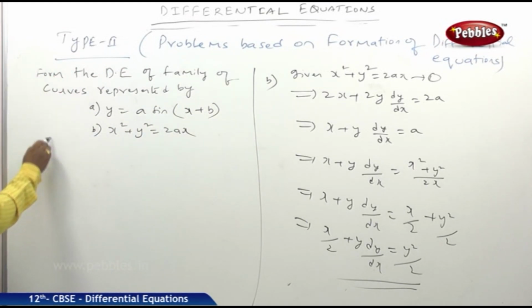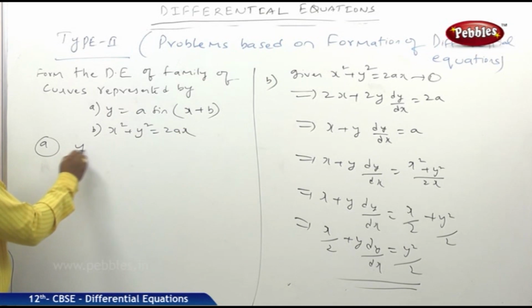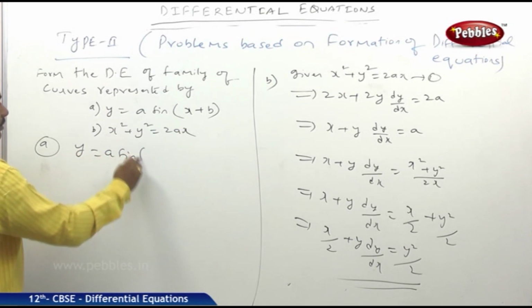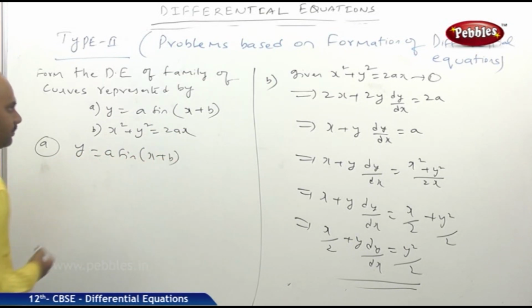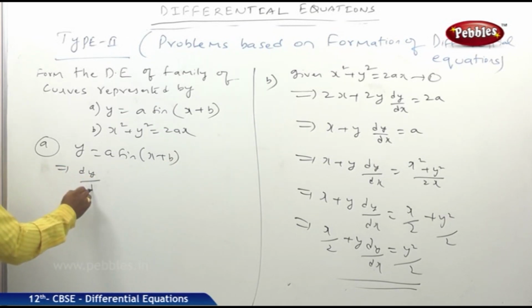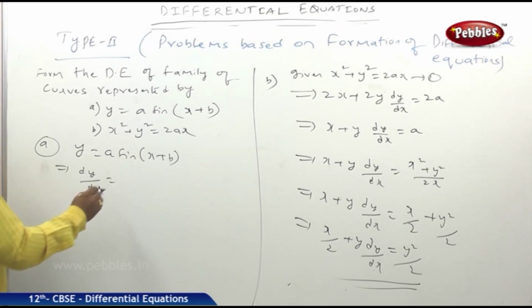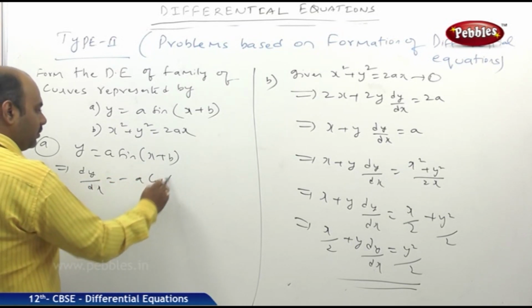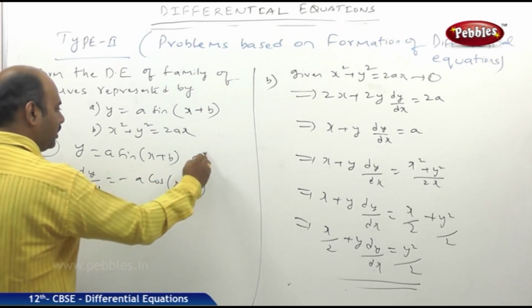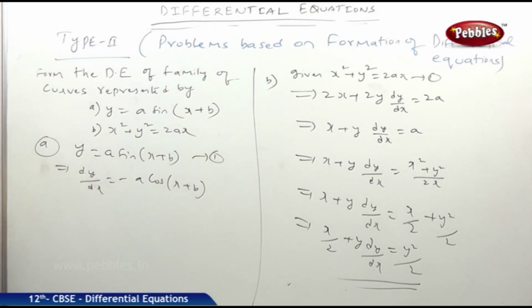Right, when coming to the first bit, y = a sin(x + b). Differentiating on both sides, I will be getting dy/dx = a cos(x + b). I will call this equation 1.